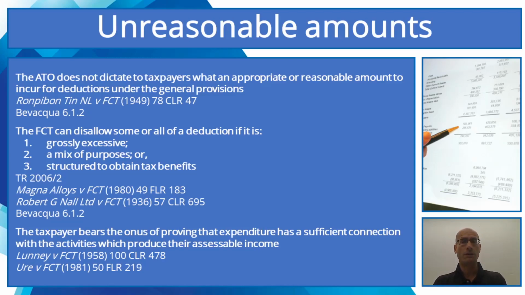And ultimately, if the commissioner does really raise a query in regards to that, the onus is actually back on the taxpayer to go through and demonstrate that it's not one of those things. But ultimately, that happens quite rarely.